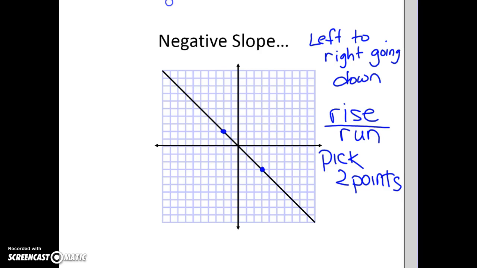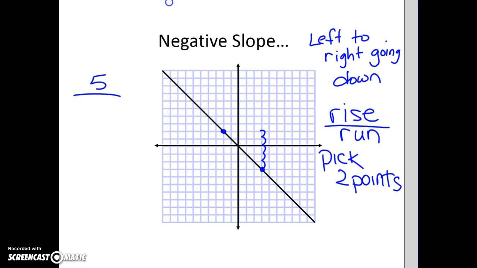I can see both of those clearly cross the grid. From the lower point that I picked, I'm going to count up until I'm on the same line as the second point I picked. So 1, 2, 3, 4, 5. My rise is 5.